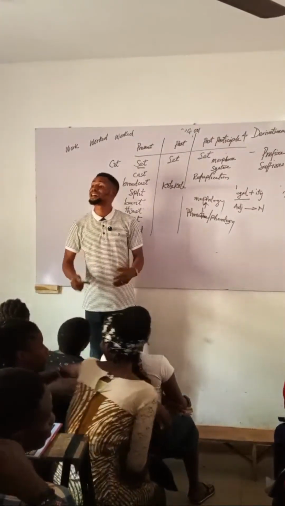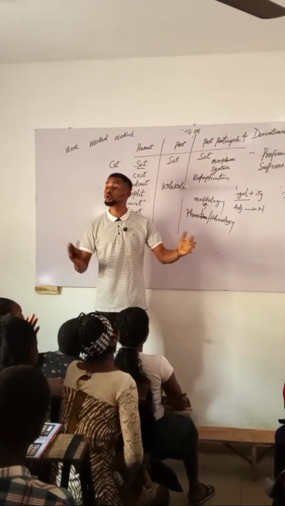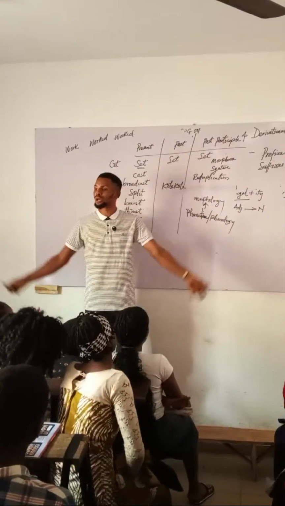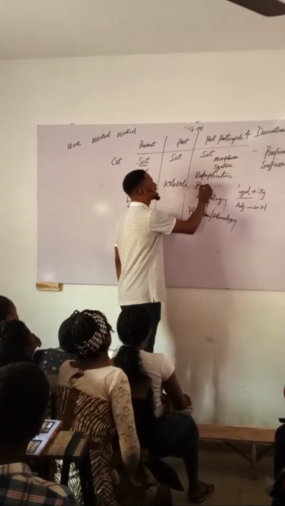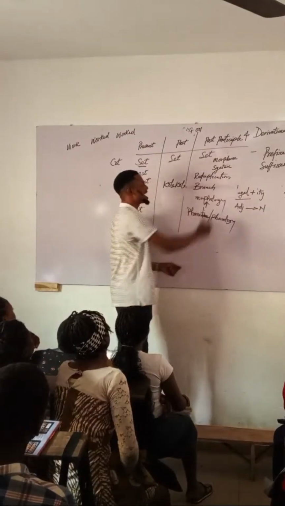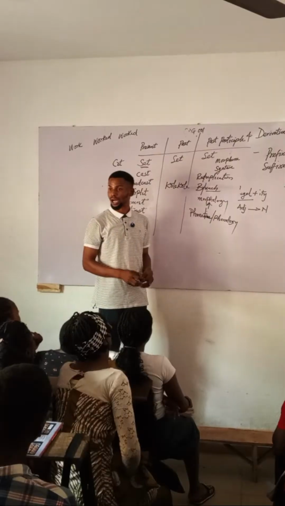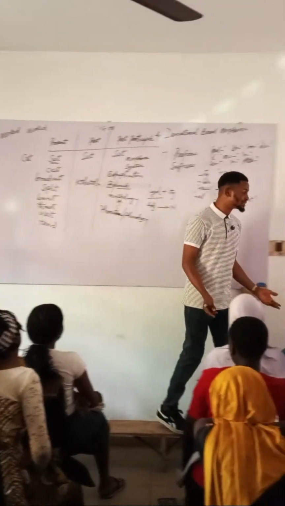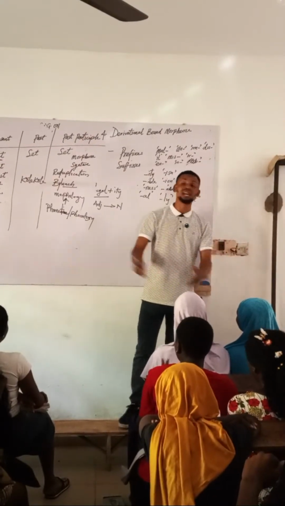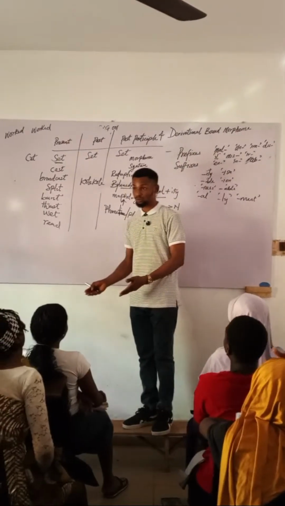Are you with me? In English, we have portmanteau words, which are words created from two independent words. For instance, brunch is a merge of breakfast and lunch. So someone who has not eaten the whole morning and is now eating the morning food with the afternoon food is believed not to be eating lunch.